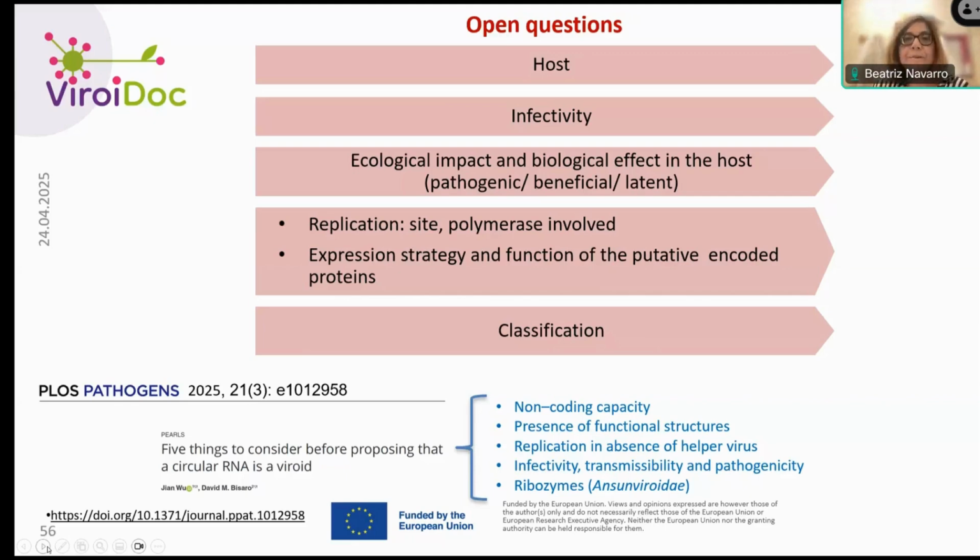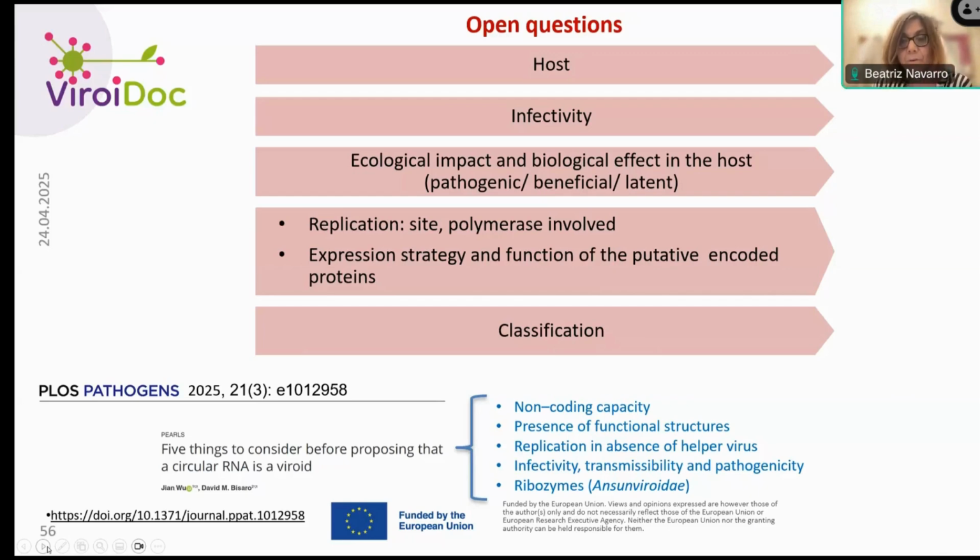For example, whether the infected fungus is more pathogenic, or in the case of a beneficial fungus for the plant, whether it increases this beneficial effect, or even if it's latent.